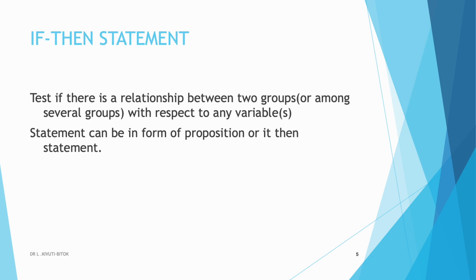So, the if-then statement. Usually, it tests if there is a relationship between two groups among several groups with respect to any variable or variables. The if-then statement can be in the form of a proposition or an actual if-then statement.